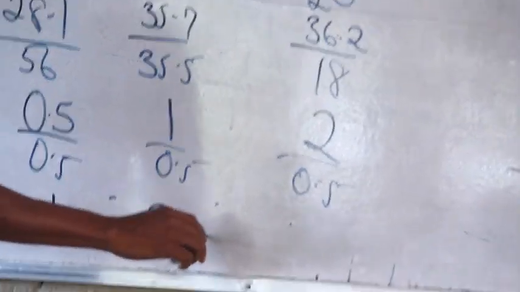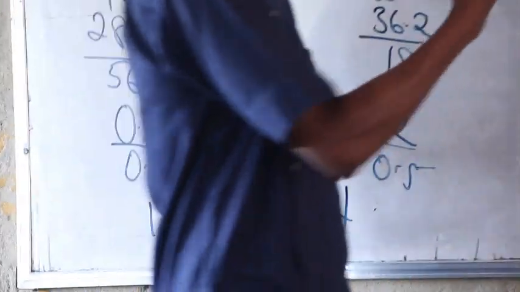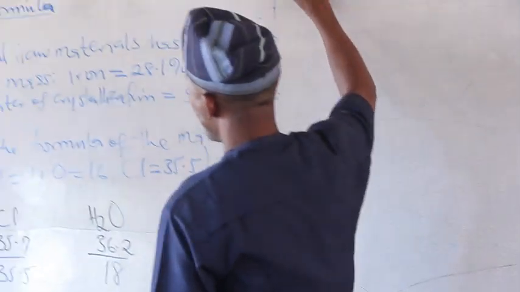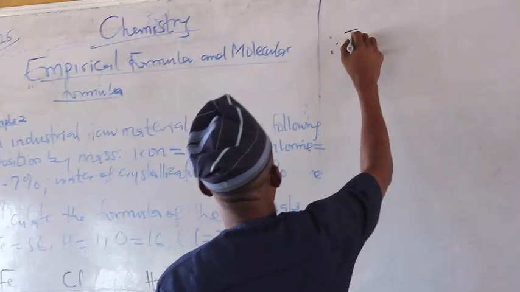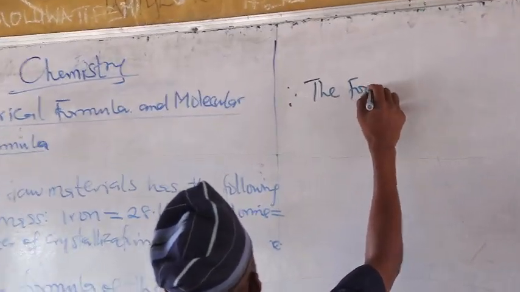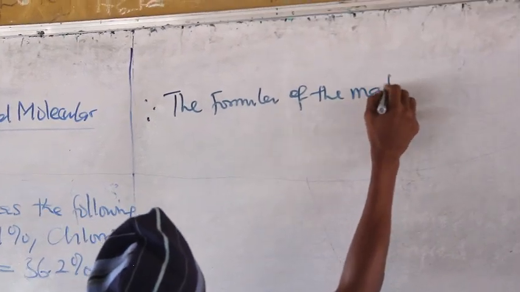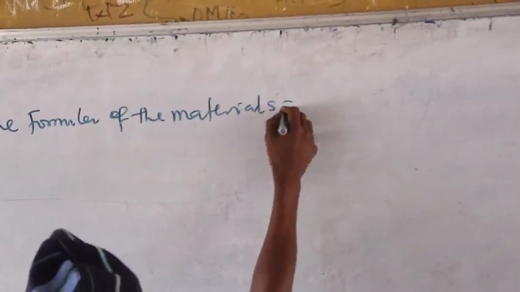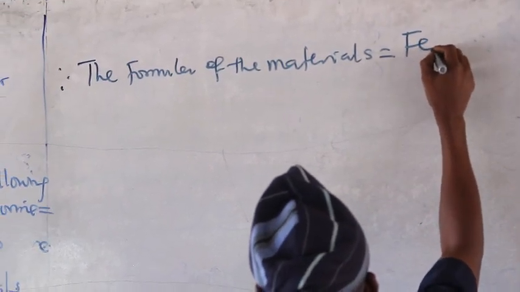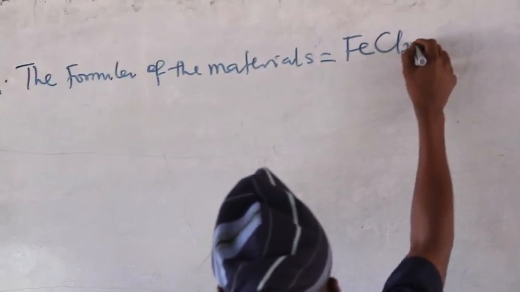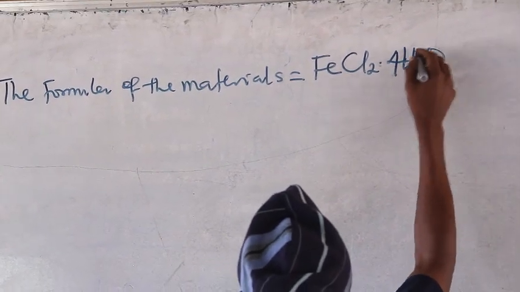And what you have here is what? 4. Now, the formula of the material will be equal to what? FeCl2.4H2O.